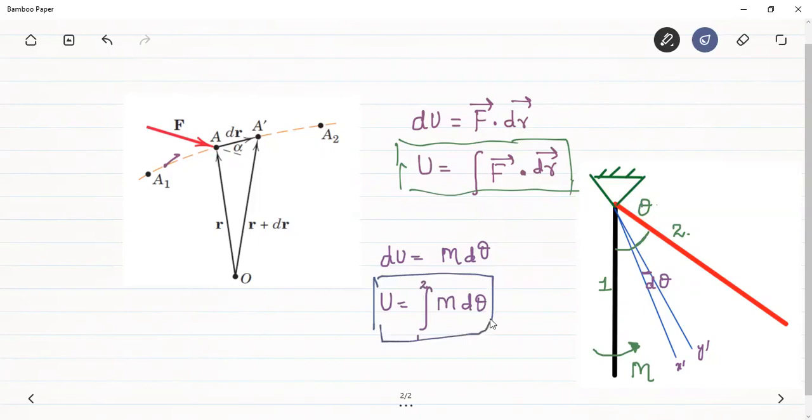Also, there are sign conventions: if m and d theta are in the same direction, the work done is positive.